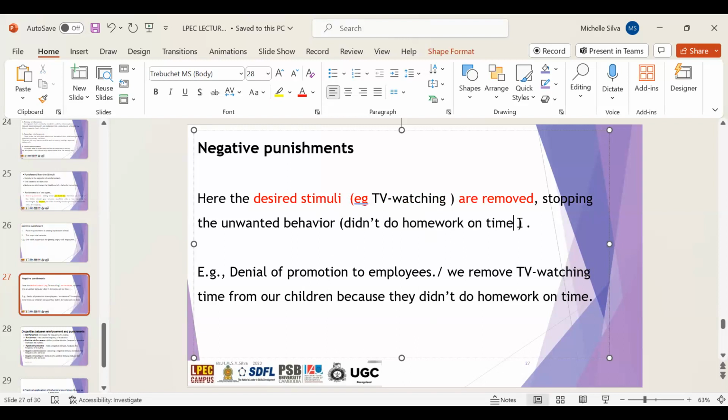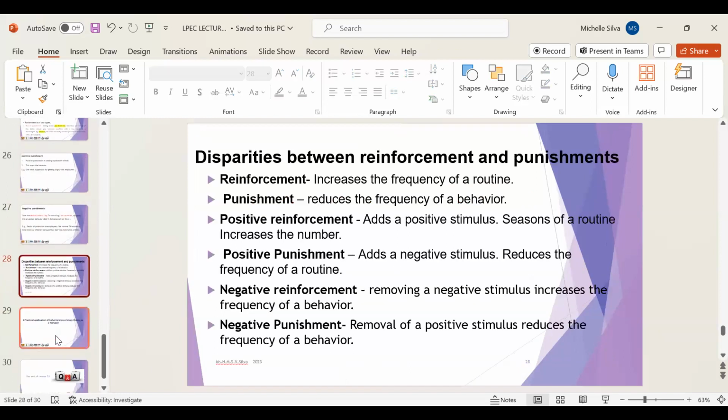Whether it is negative or positive punishment, in both we try to discourage your behavior. In negative punishment we remove the desired stimuli, but in positive punishment we add disliked stimuli. Hope you get this point clearly, okay?